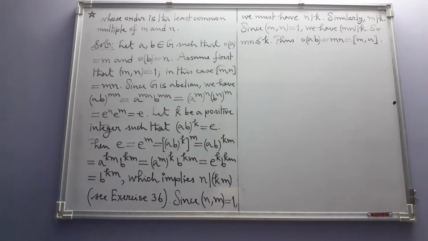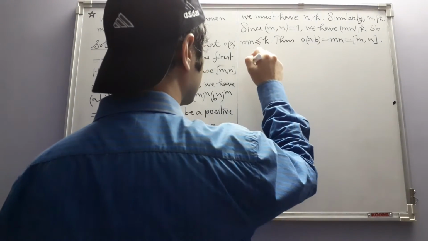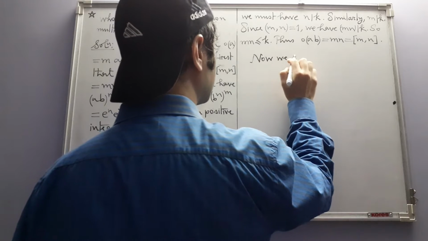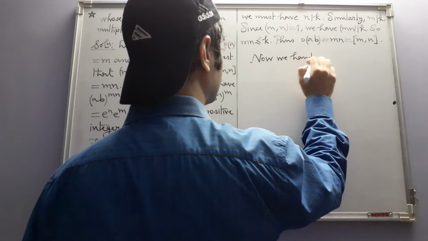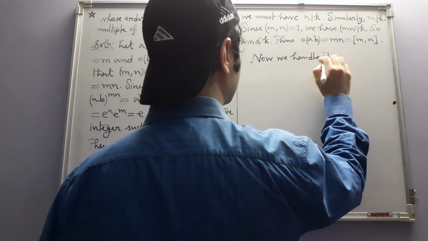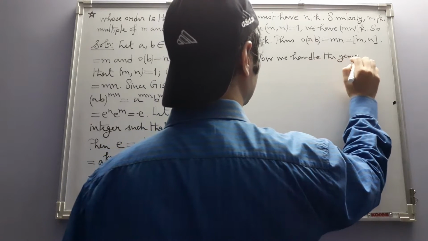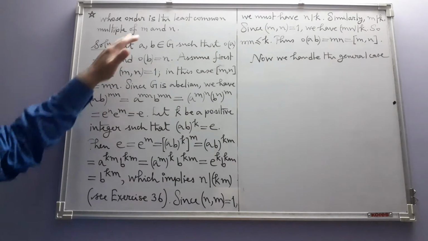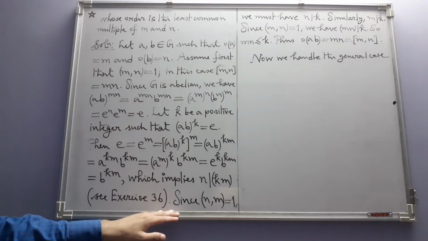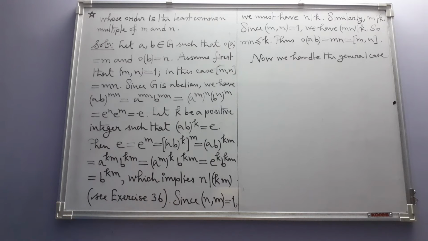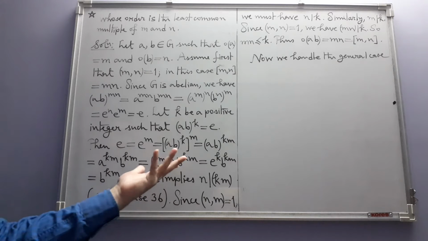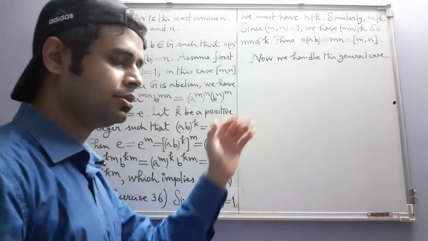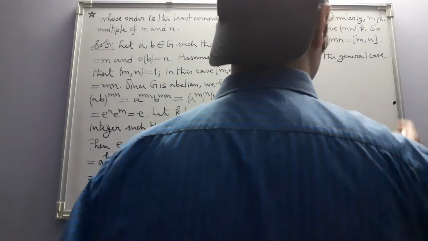Now we handle the general case. And this much we have done not just for the sake of understanding the situation better, but we are actually going to use this paragraph, what we have proved in this paragraph. It will be used in the general case.